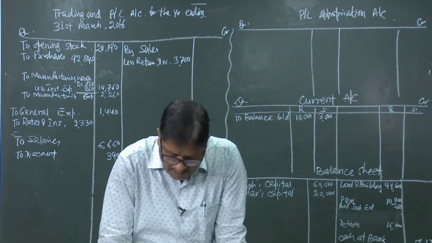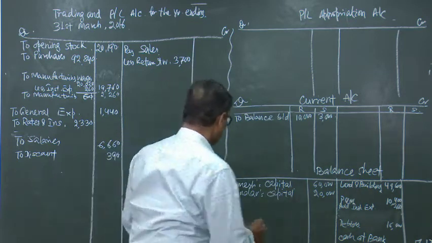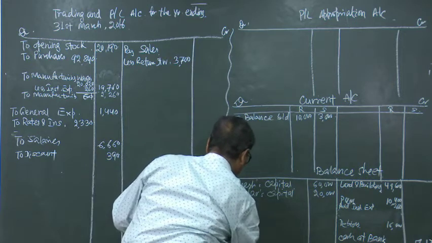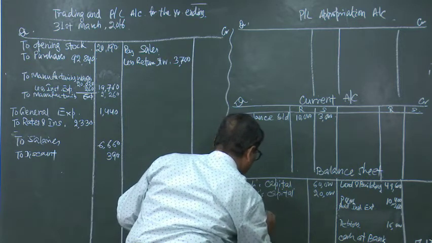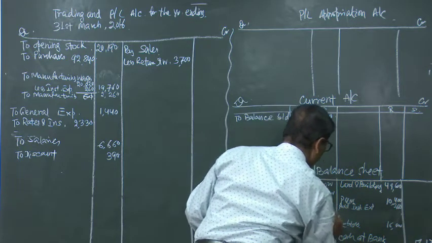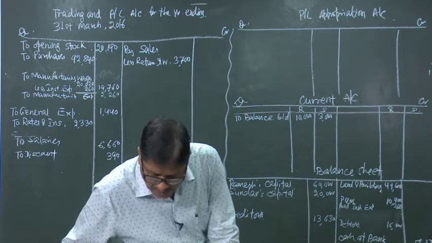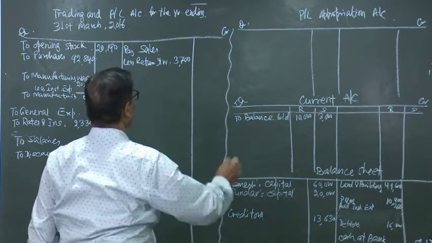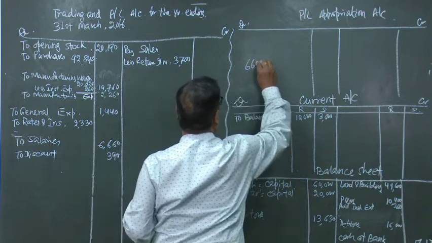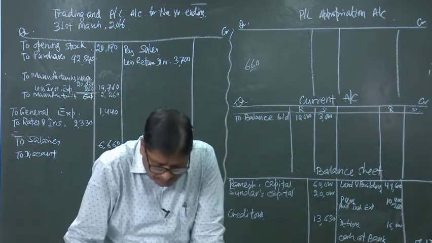After that, creditors 13,630, creditors 13,630, provision for doubtful debts 660, we will take it later on. Provision for doubtful debts existing is 660.